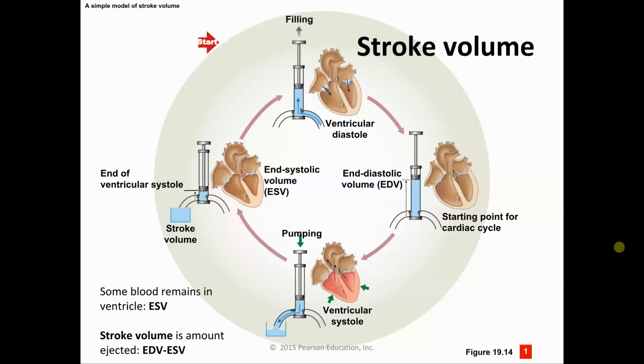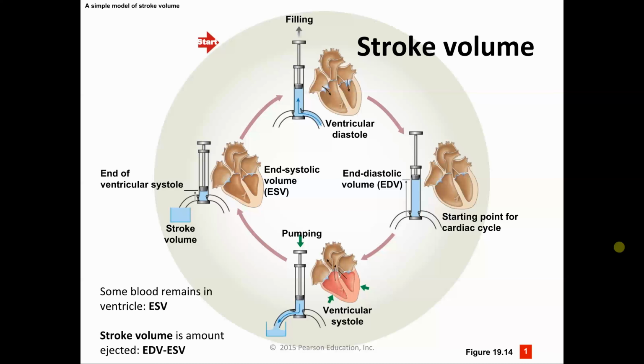That's going to be the end systolic volume. So end diastolic is how much blood is in there at max volume, and the end systolic is the min volume. How much is left over after we pushed as much as we can out. Okay, so some blood remains in the ventricle, that's the end systolic volume.